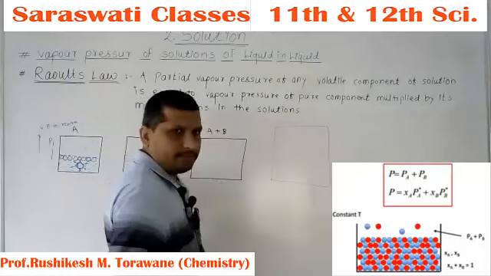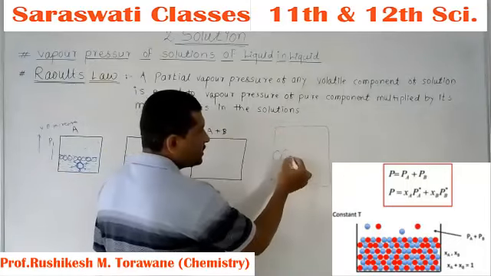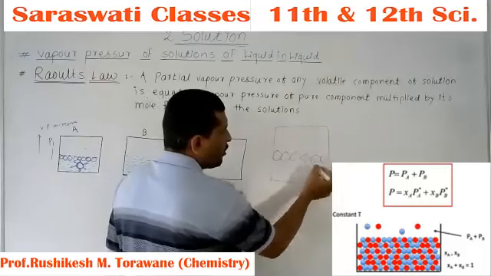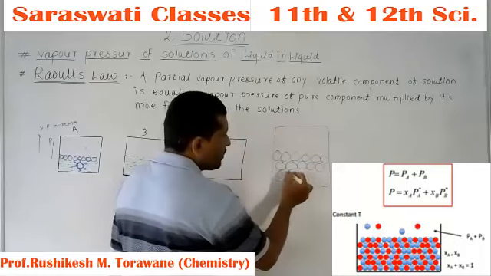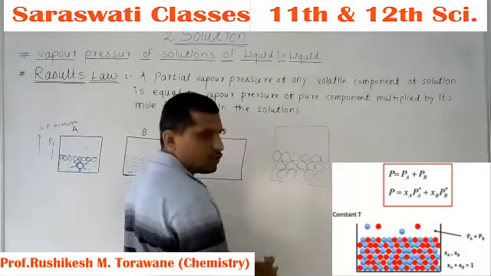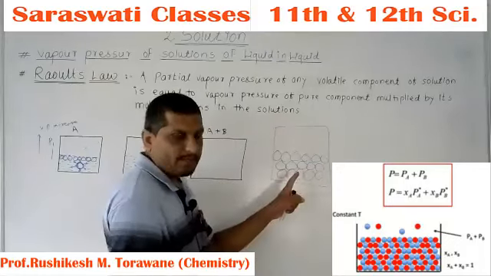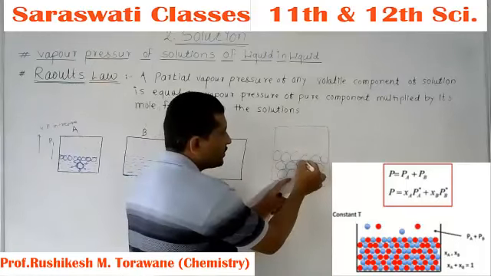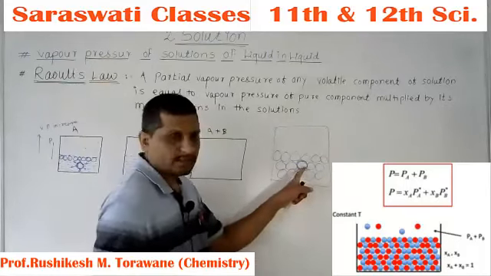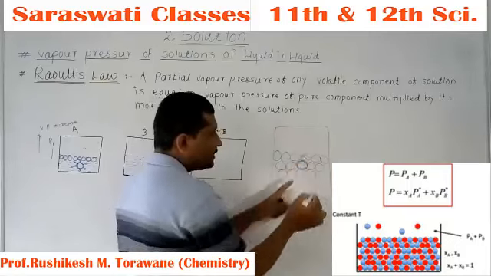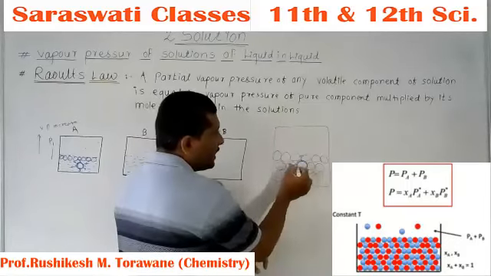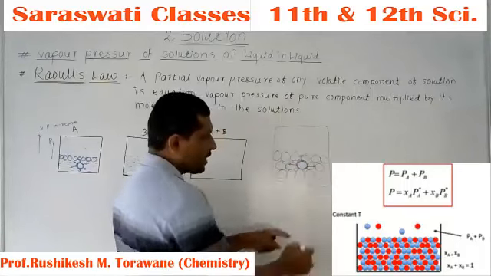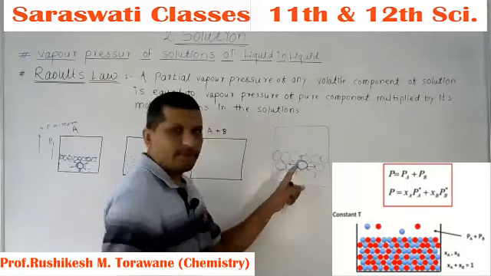In this container are molecules of component A. The intermolecular force of attraction is higher between the internal molecules, because they attract the upper layer, the side layers, and the layer below of the liquid components.